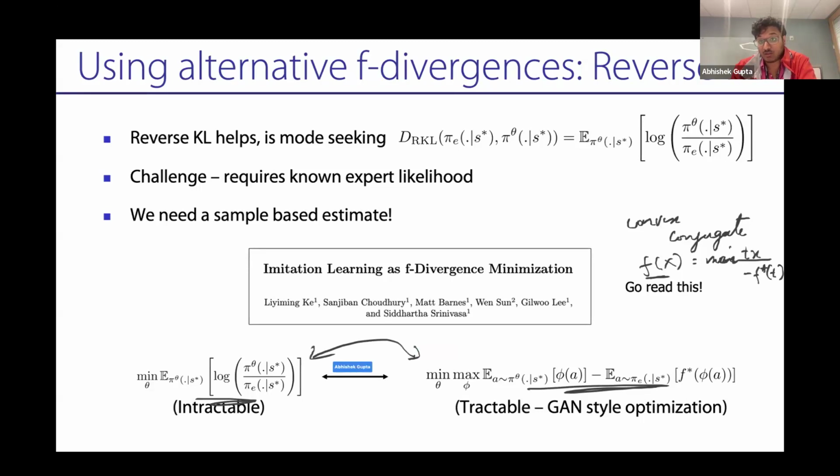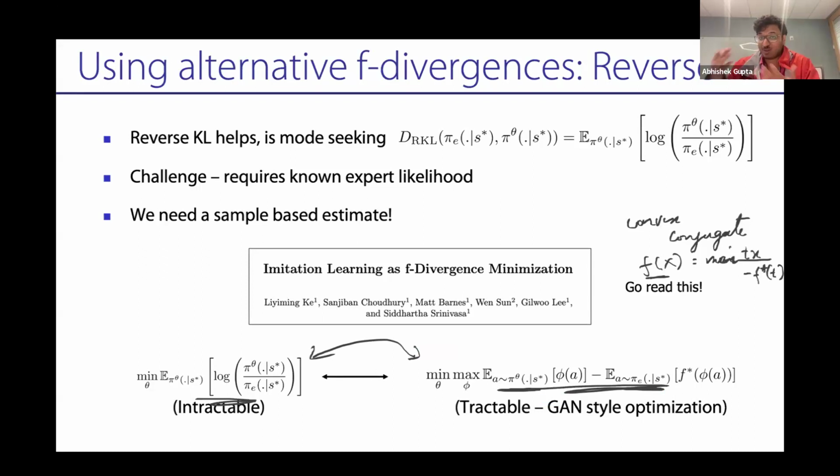This min-max objective is how you optimize a GAN. It's often called the f-GAN trick or the f-divergence trick. That makes this tractable because if you look at this objective, you just need samples from the policy and samples from the expert. Nowhere do you actually need likelihoods. The trade-off you're going to make, though, is that you have to do this min-max saddle point optimization.